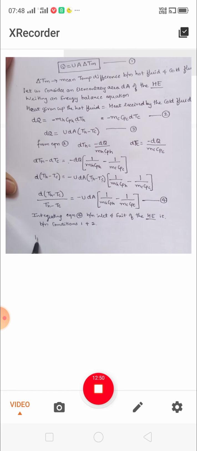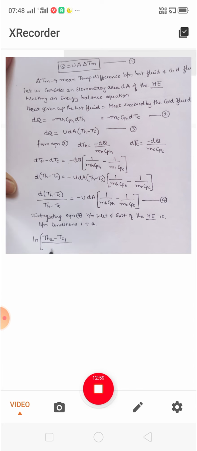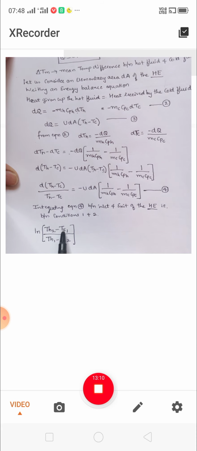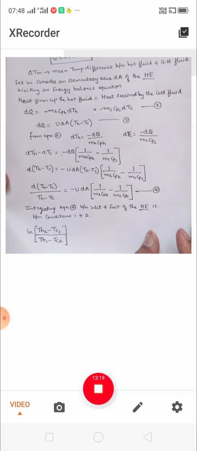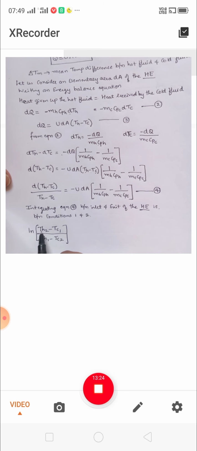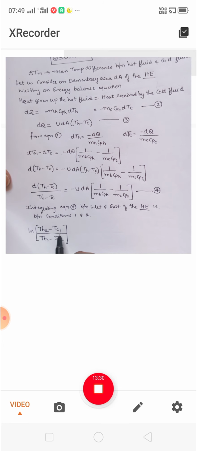So directly I will write the equation: log of (Th2 minus Tc1) divided by (Th1 minus Tc2). See here, you can see here. In the parallel flow heat exchanger we have written Th2 minus Tc2, because at the exit of the heat exchanger the temperature of the hot fluid is Th2 and the temperature of the cold fluid was Tc2. But here, at the exit of the heat exchanger, the temperature of the hot fluid is Th2, but from the exit point of the heat exchanger only the cold fluid is entering.